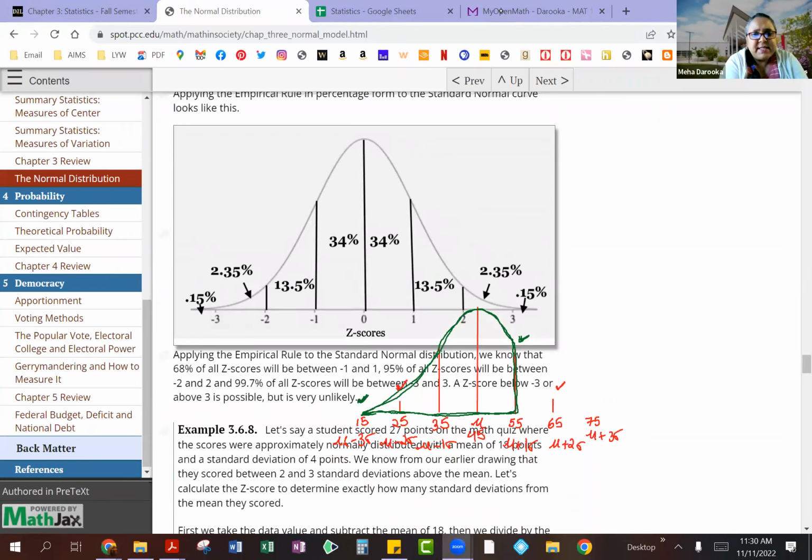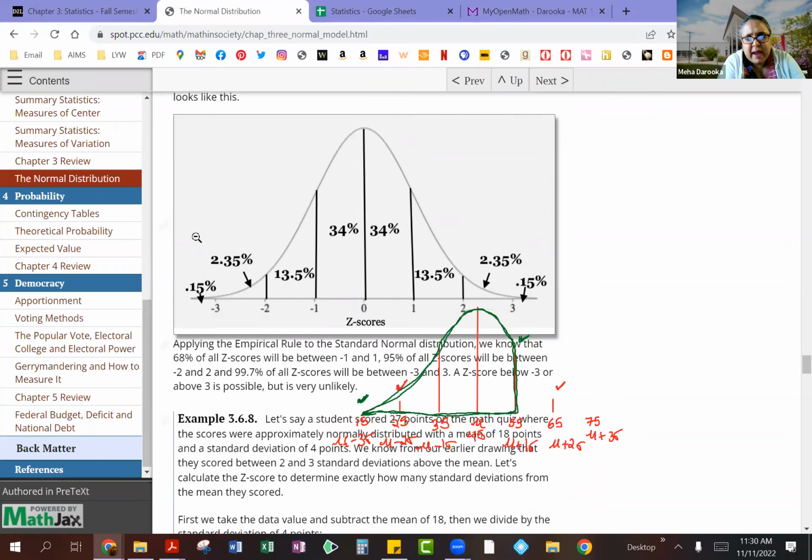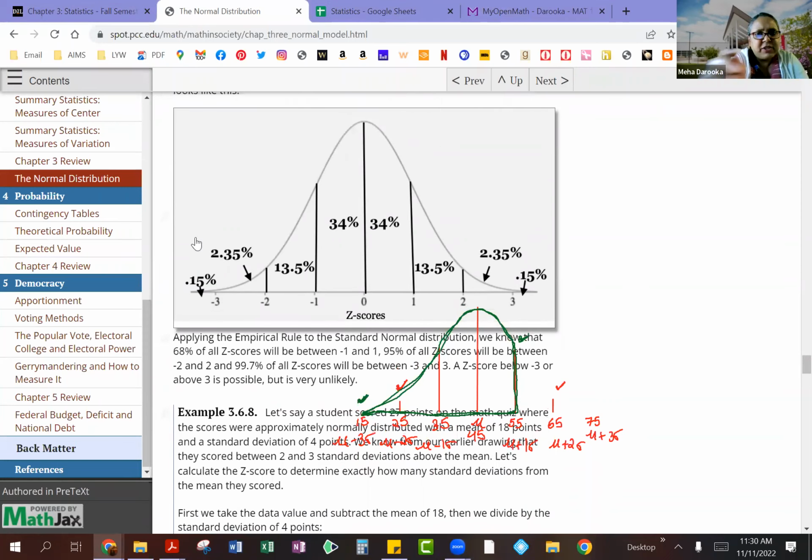So as you can see over here, and I'll try to do this on the graph, which is in the textbook section. So if you look at how many sections we went from, where that 3 standard deviations below is, because that's where our 15 was. And then you are going 1 standard deviation above the mean. So this is the section that we are looking at.